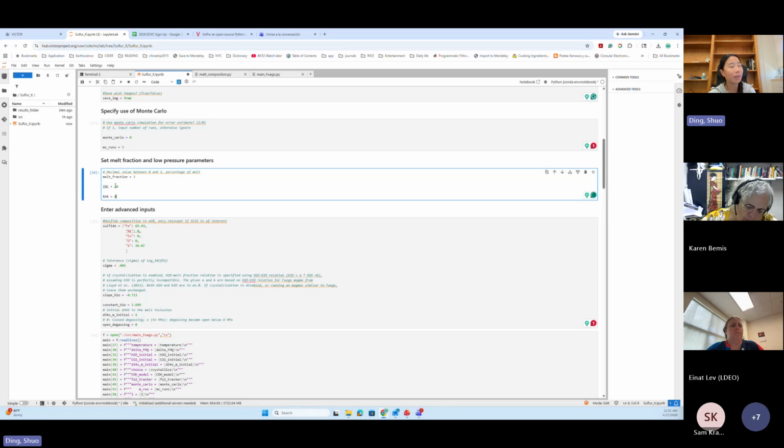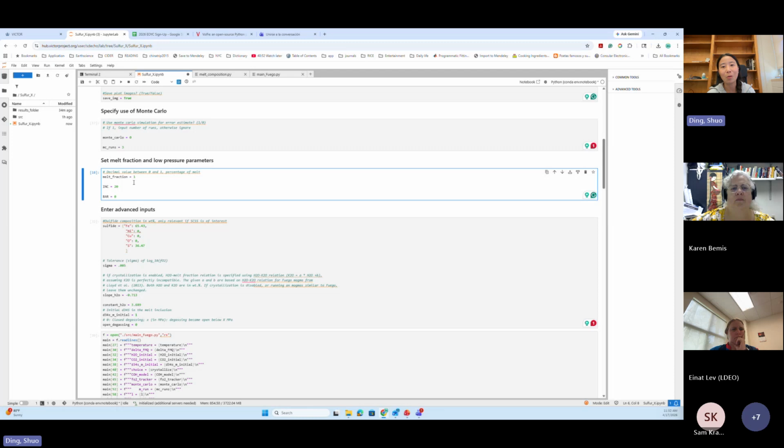The increment means I still want to continue running, but after a certain pressure I want to increase the partition coefficient by an arbitrary number. Say you know the partition coefficient at the surface, based on gas measurements or the sulfur concentration in the matrix glass, is about 1,000 or 2,000. Then below this pressure you can incrementally increase it by 20 or 50.